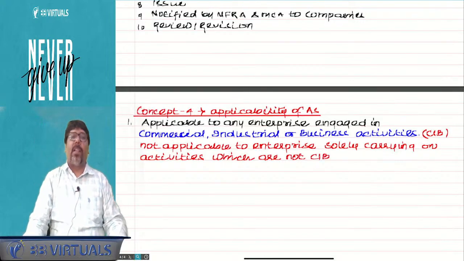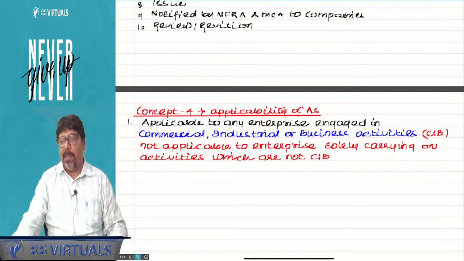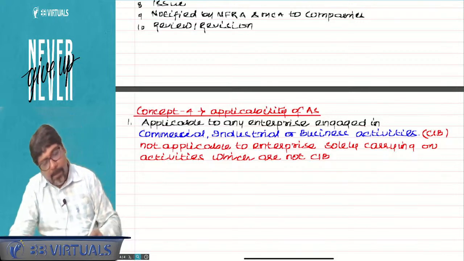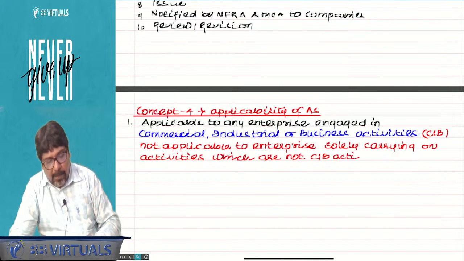CIB means commercial, industrial, and business. Am I clear? Activities.